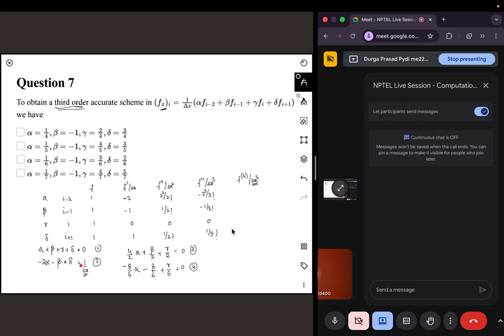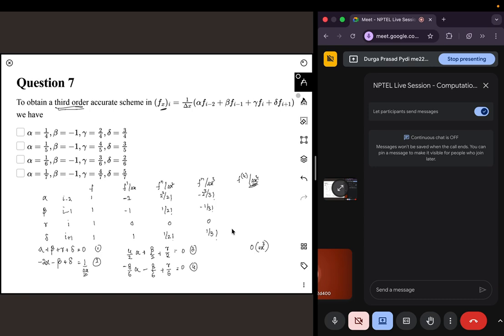So this alpha is going to be something like 1 by delta x or something. When we have these equations written, all these coefficients will have a term of 1 by delta x in them, and the one that is left over is delta x to the power 4. So if we divide with delta x power 4, the order of accuracy is going to remain as delta x cubed.